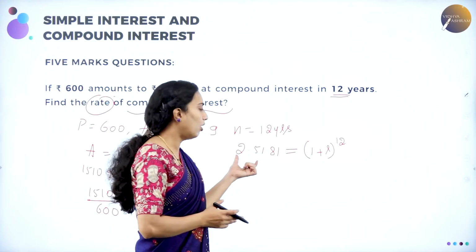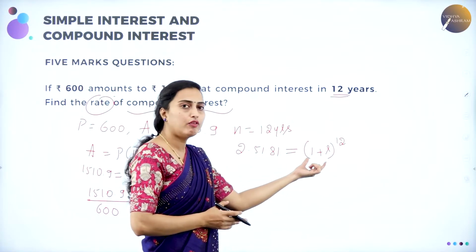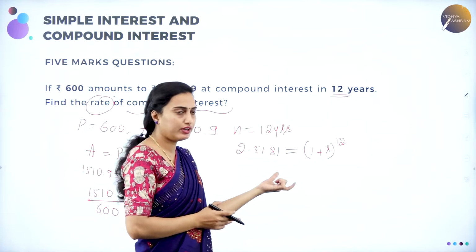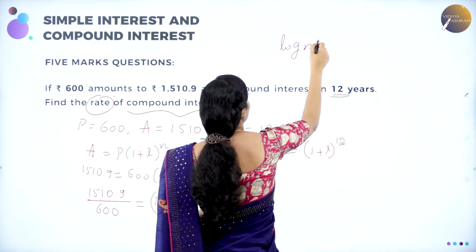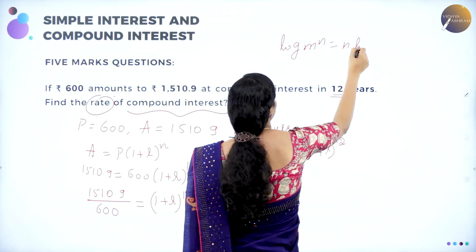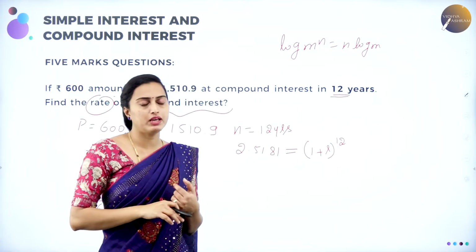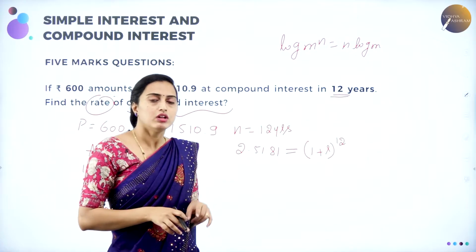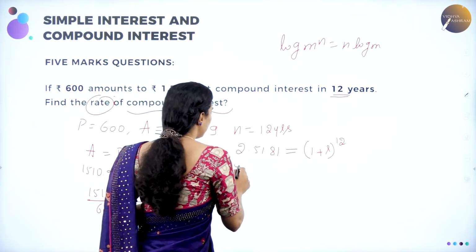It will become log 2.5181 is equal to log (1 plus R) to the power of 12, which is nothing but log m power n. So what is log m power n? Log m power n can be written as n log m. Using that, you get 12 log (1 plus R). So you can use that formula also. I am taking the power of 12 here. So what will it become?